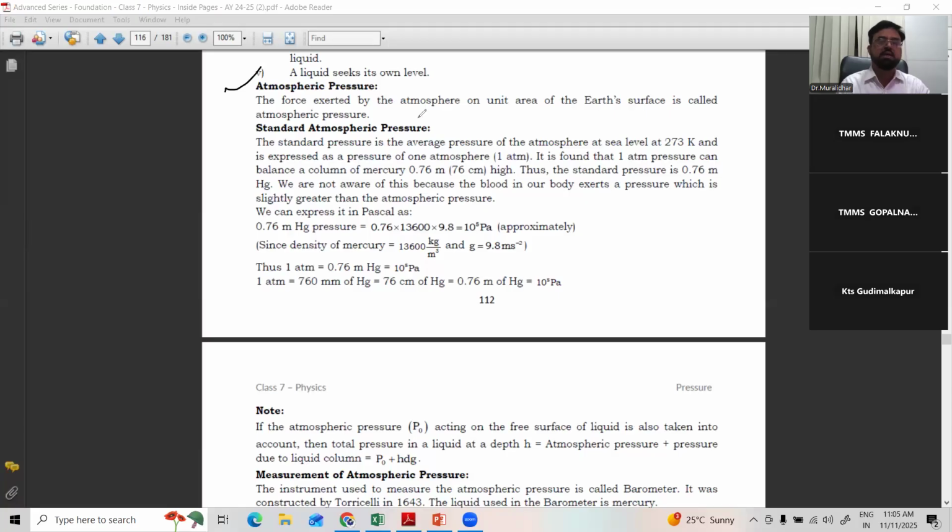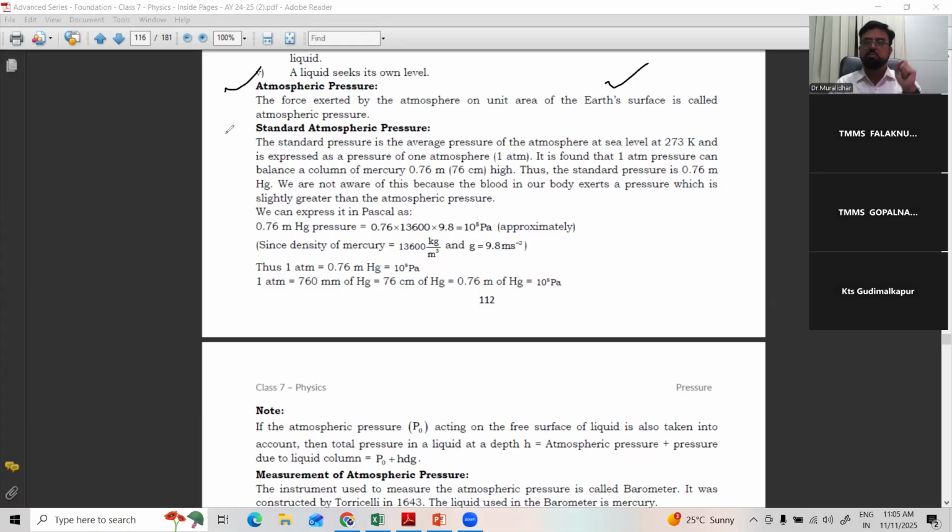The force exerted by the atmosphere on unit area of the earth's surface is called atmospheric pressure. Whatever the surroundings are, air, gases, dust particles, moisture, fog, all these exert some pressure on the earth.